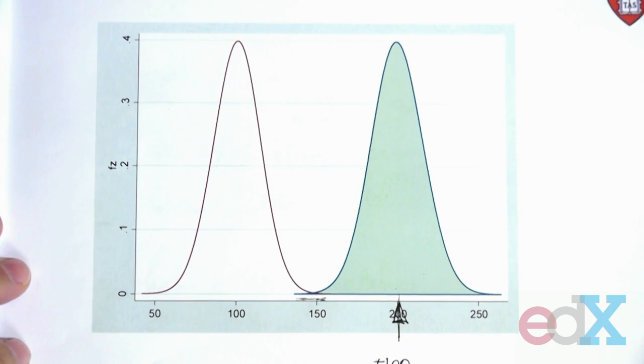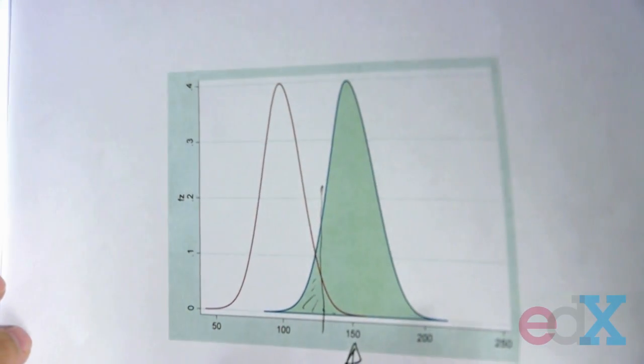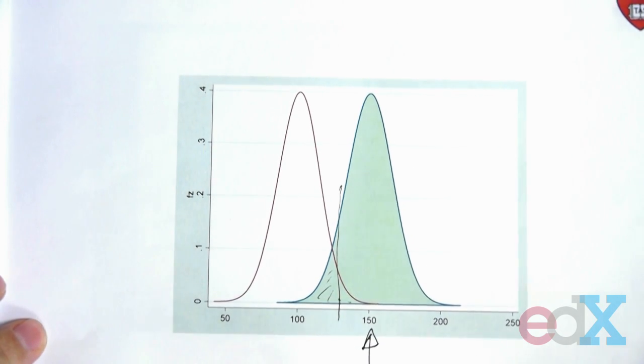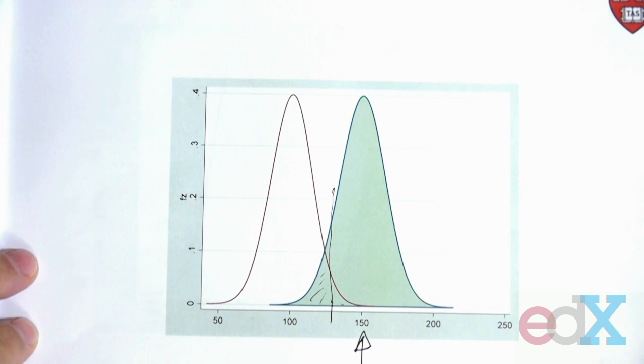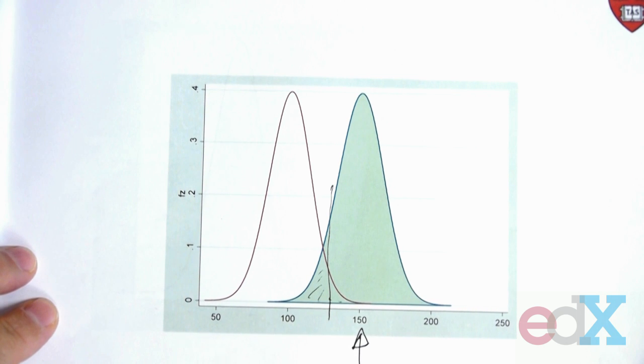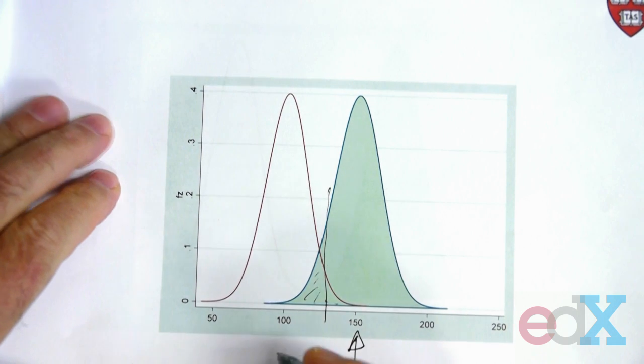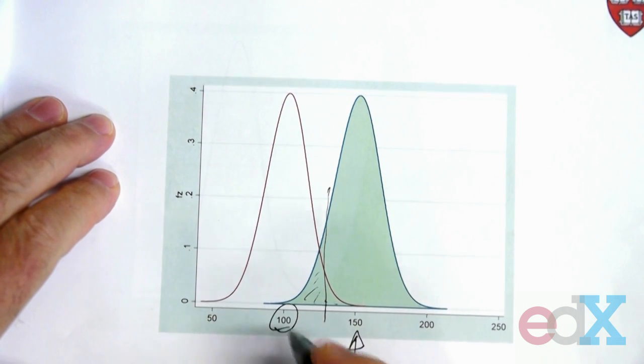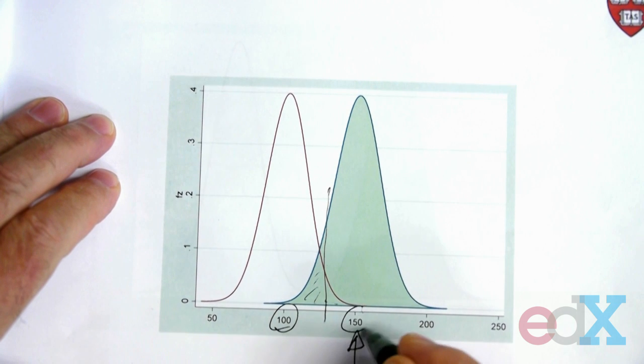Whereas going back to the plus 50, we see that there was more overlap, and so the plus 50 caused us more problems because it gave us less power because of the overlap. Now, are we stuck with this? Is this where we're always going to be stuck? Well, maybe there's another way of overcoming this. So this curve has a mean of 100, and this one had a mean of 150.